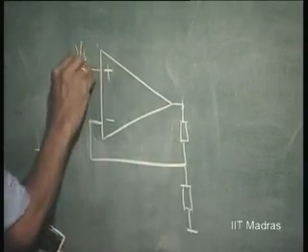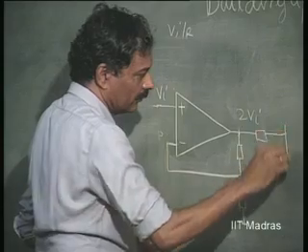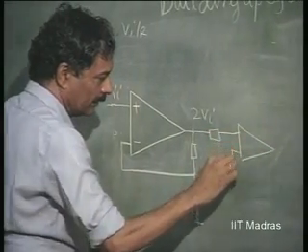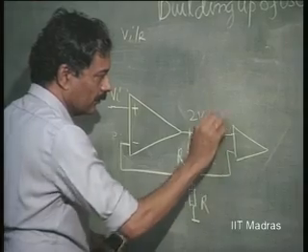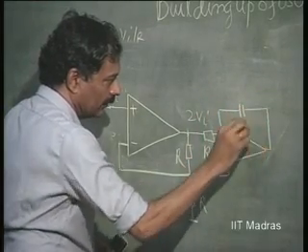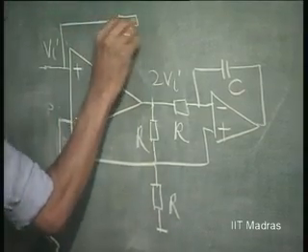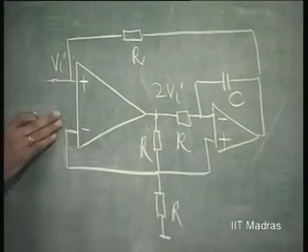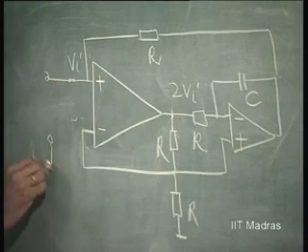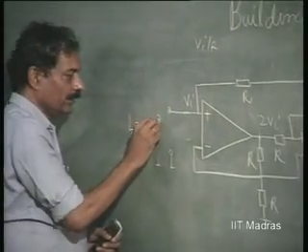If this was Vi, this was twice Vi. Then we put an integrator R here like this, and we had connected another resistance from here to here, and it was simulating an inductor between this point and ground whose magnitude L was equal to C into R square.